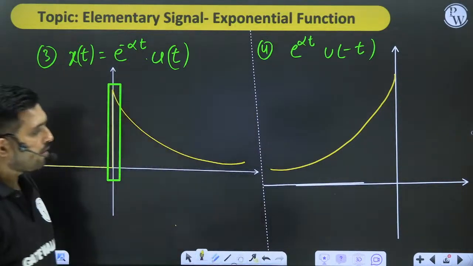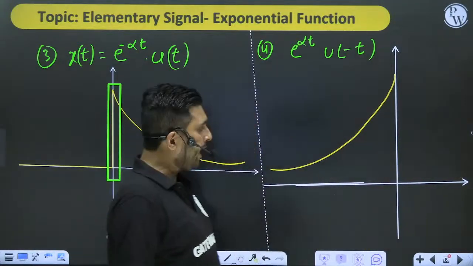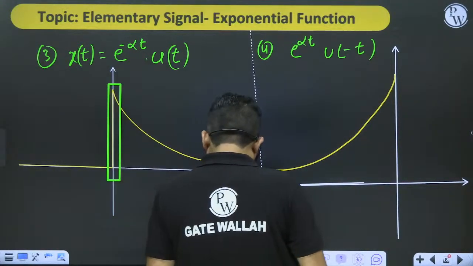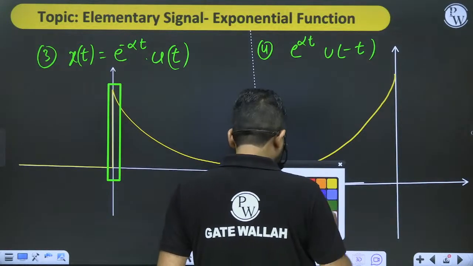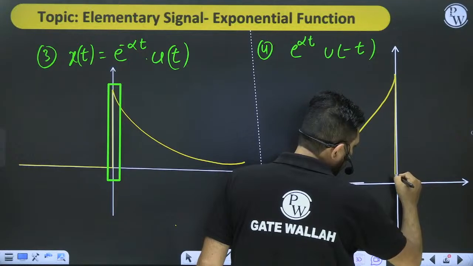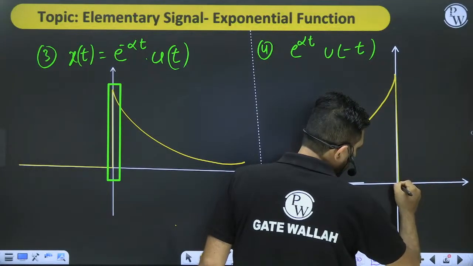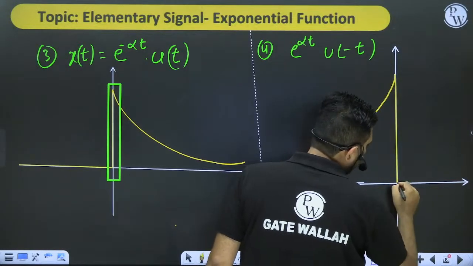Fine. So this is what my e to the power alpha t u minus t is, and again look at the jump that I will have at this point. Listen carefully. See, look at the jump.